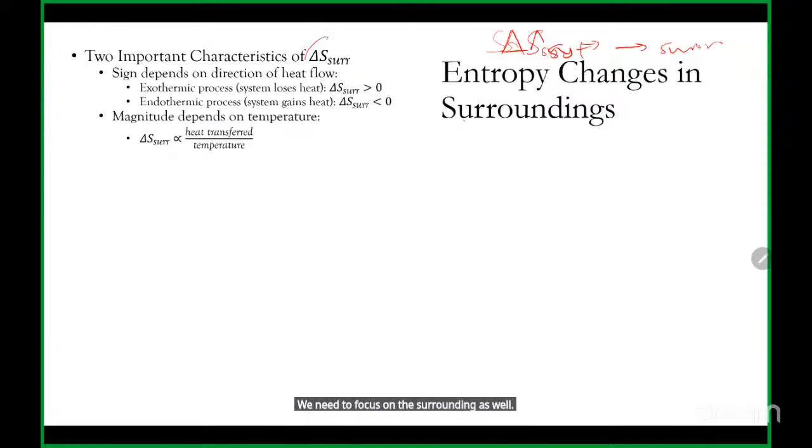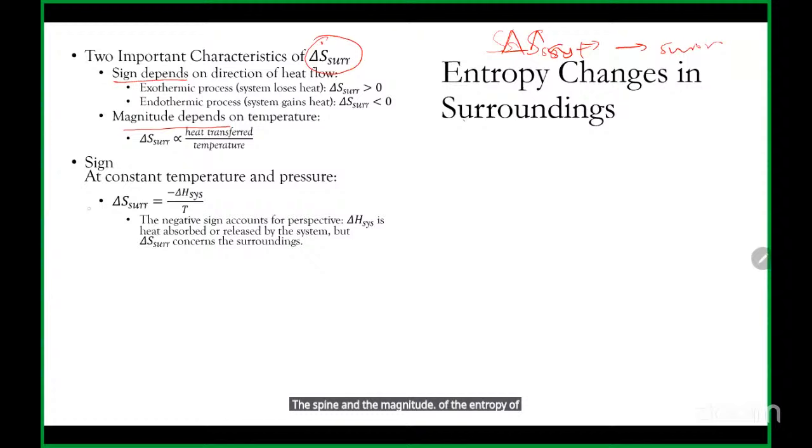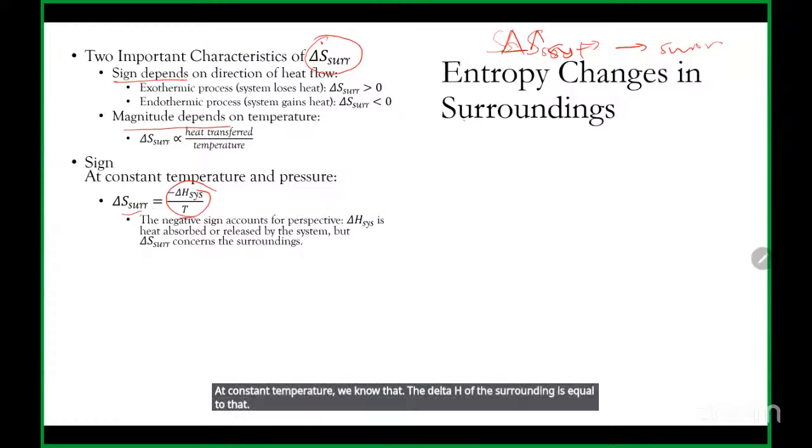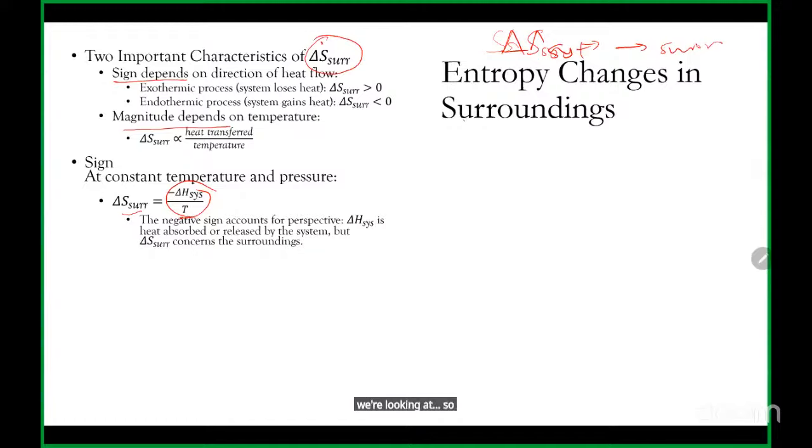So there are two important things that we want to consider: the sign and the magnitude of the entropy of the surroundings. At constant temperature, we know that the delta S of the surroundings is equal to minus delta H of the system over T. So how did we arrive at that?